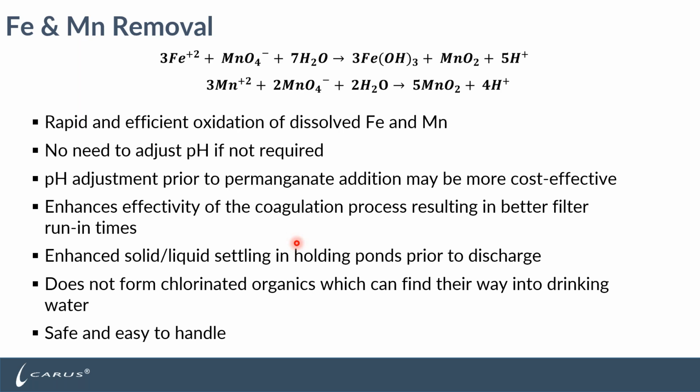We can also see enhanced solid liquid settling in holding ponds prior to discharge. The effectiveness of the coagulation process results in better filter run times. Permanganate also doesn't form potentially toxic chlorinated organics, which can find their way into drinking water, and the products are relatively safe and easy to handle.